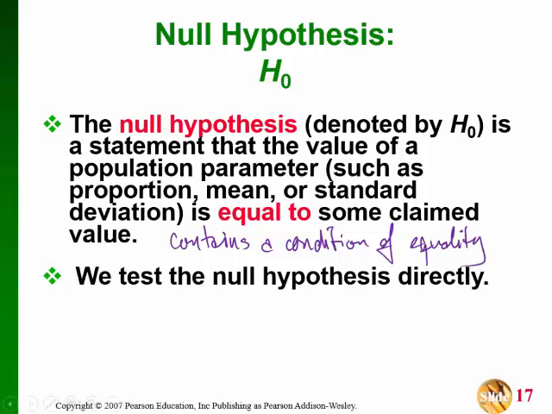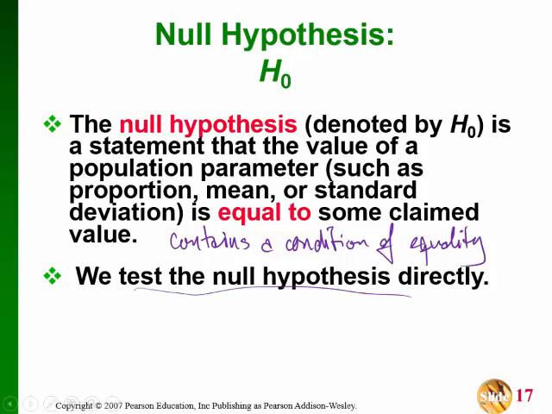And then the other thing is that if you remember our conclusions, we only have two conclusions. We reject the null hypothesis, or we fail to reject the null hypothesis. In a formal hypothesis test, we're actually testing the null hypothesis. That's why at the end we don't say anything about the alternative hypothesis, because the whole purpose in this test is to try to reject the null hypothesis.